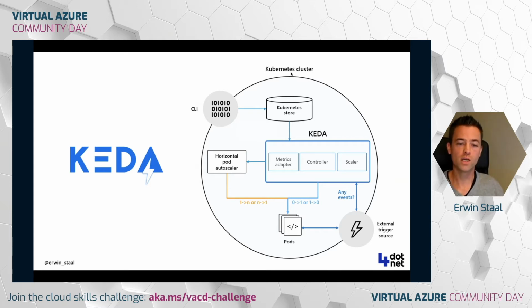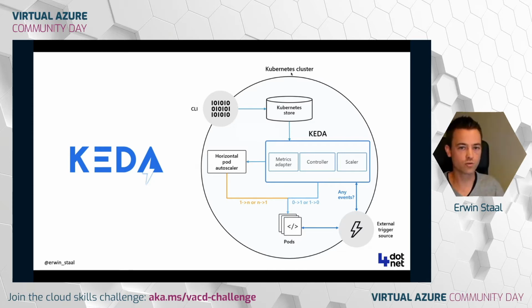When I say almost all of the scaling, what I mean is that Kubernetes by default can only scale your workload from 1 and up and down to 1. So you can never scale down to 0 instances of a particular workload. With KEDA, you can. So that's the main role of the controller you see here in this image.